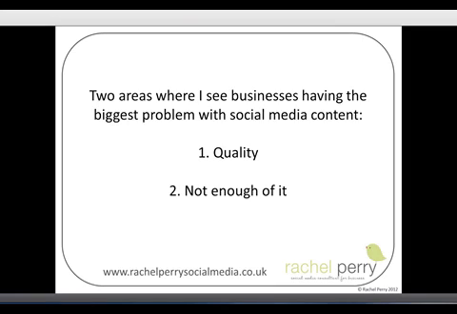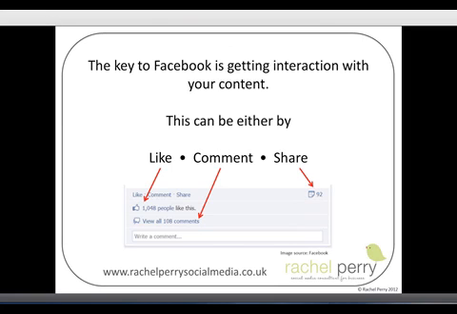So let me just show you on Facebook what's the main thing that you're really looking for. Because the way that Facebook works is the fact that it shares content. And this happens when people either like the content that you've put out, or they comment on it, or they actually share that content for you. And when somebody does that with a post you've put out on Facebook, it sends that link virally to their friends.